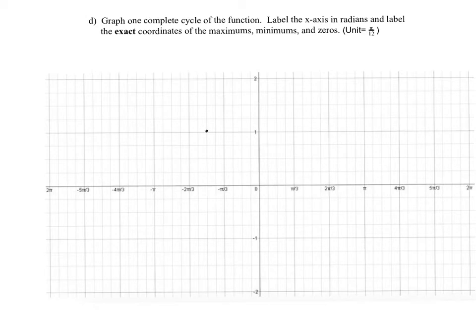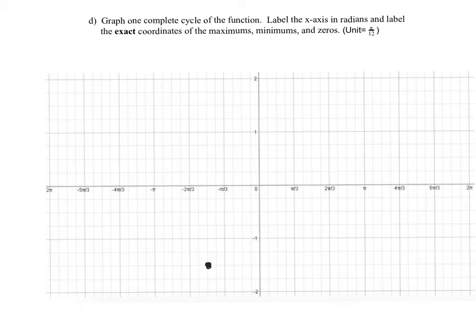But our amplitude is 1.5, and it has a negative in front, which tells me that it's been reflected. So the new max would be 1.5, but because of the negative, we're going to have negative pi over 2, negative 1.5. So my first point is at negative pi over 2, negative 1.5.